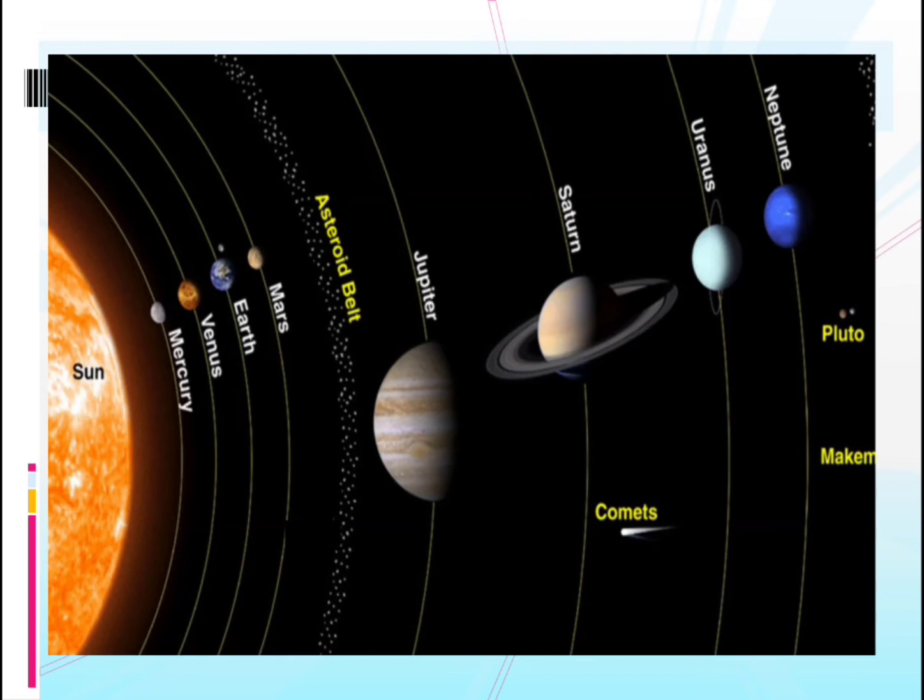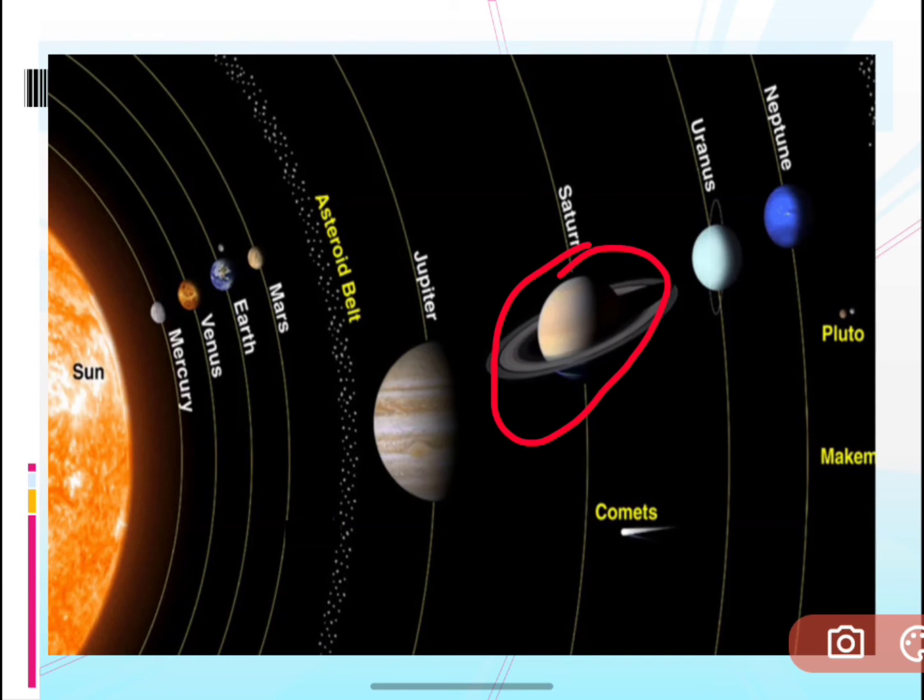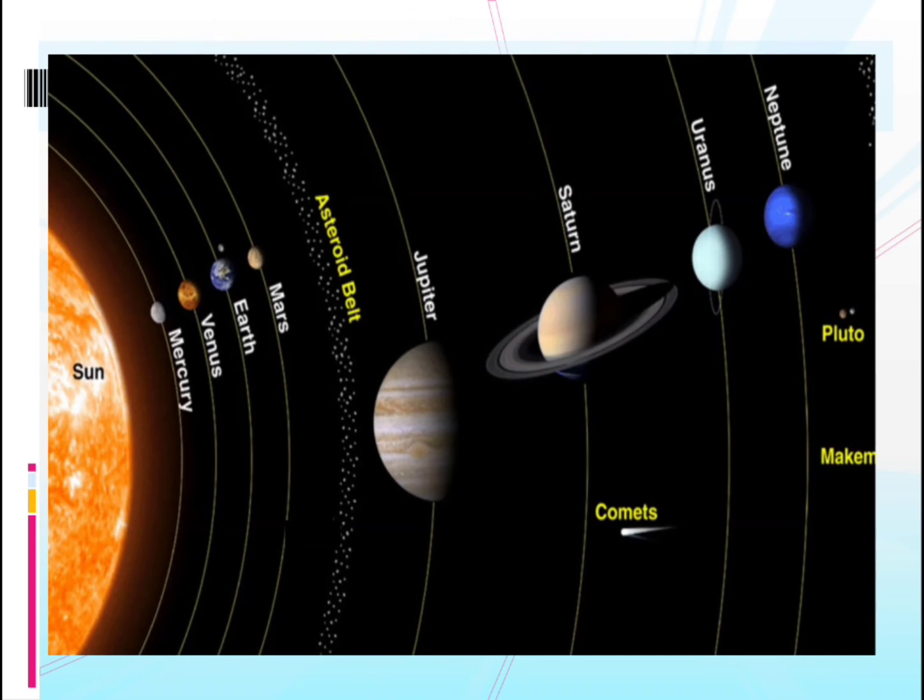Next you have Saturn. Saturn has a large number of rings. Can you see here in the picture, children? There are a number of rings around Saturn. And in the same way as Jupiter does not have a solid surface, Saturn also does not have a solid surface.